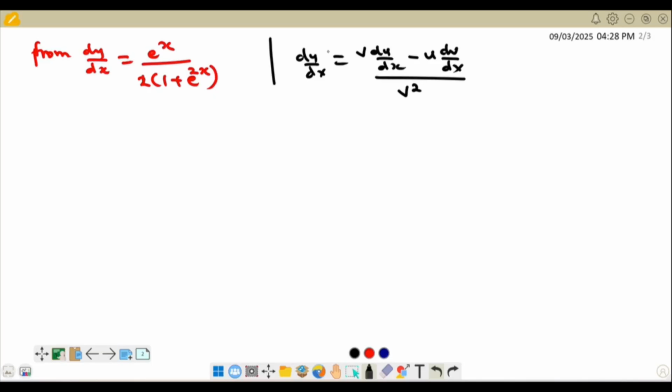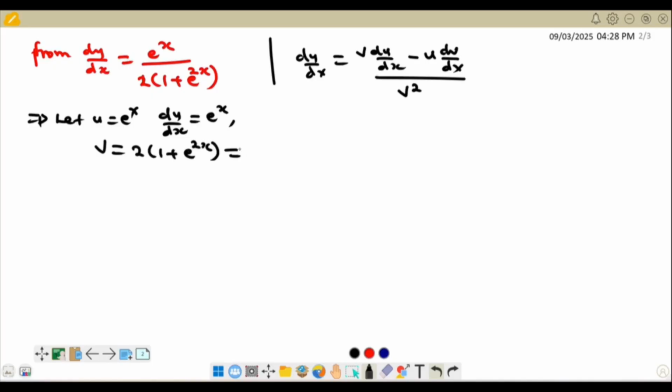Now, this will imply that we shall let our u to be e to power x, meaning that when you differentiate u with respect to x, you get e to power x, and our v will be 2 into 1 plus e to power 2x, and of course this is same as having 2 plus 2 e to the power of 2x.